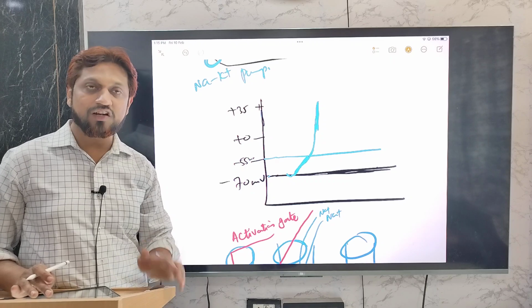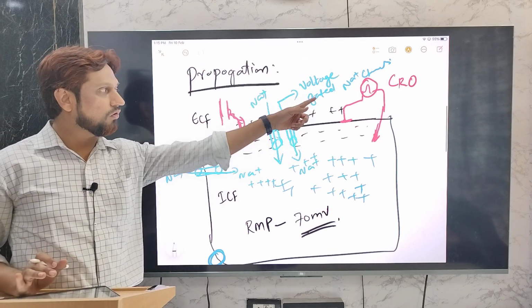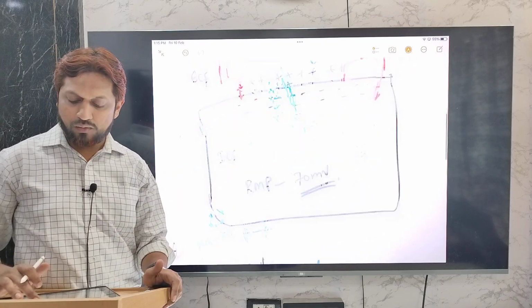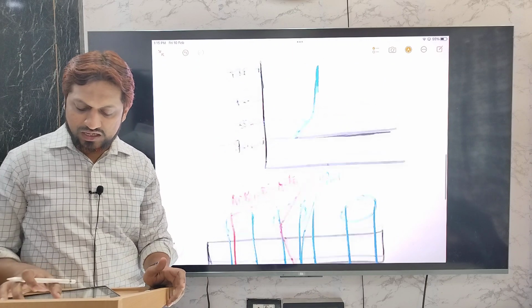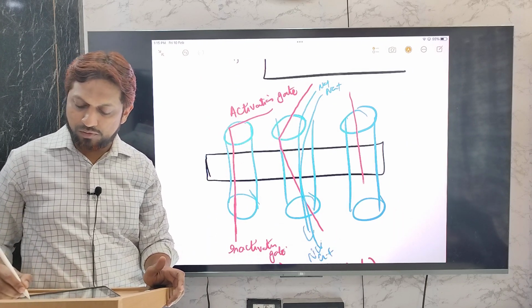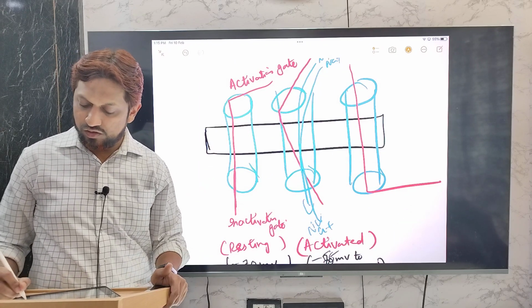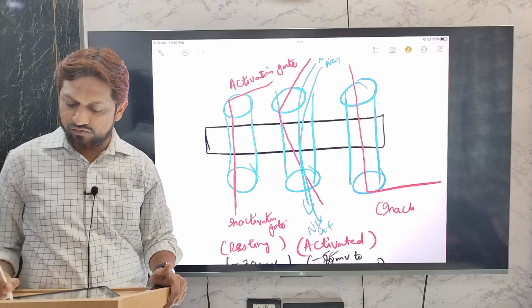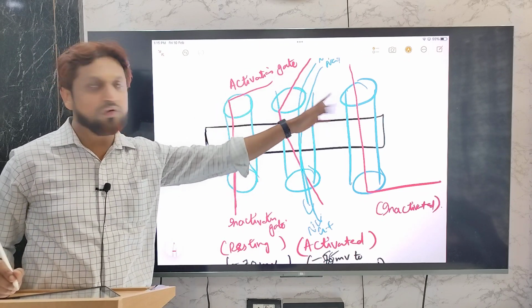But by the time it reaches plus 35 millivolt, which is the action potential recorded by the cathode ray oscilloscope, the inactivation gate of the sodium channels closes. This means the inner side inactivation gate will be in the inactivated state, that is the inactivation gate closes and the activation gate is still open.